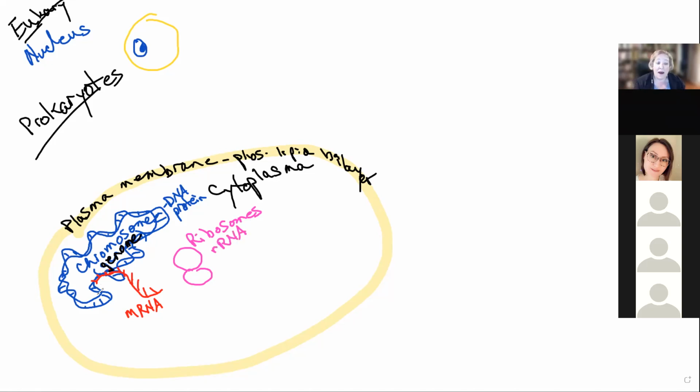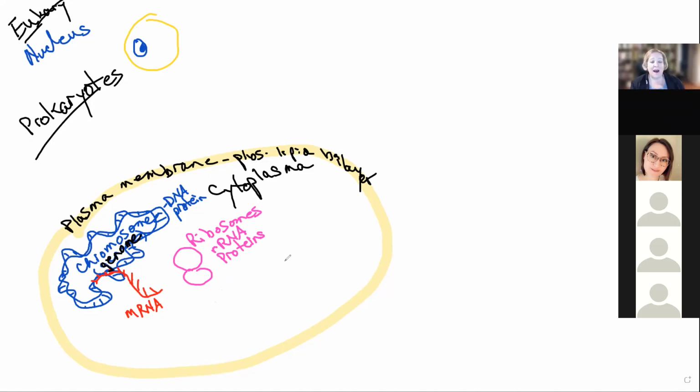So I would transcribe ribosomal RNA off of my genome and put it together with proteins to make a ribosome. Okay, what do ribosomes do? What's their job in the cell? Synthesize protein. Very good. They synthesize proteins. So they clamp onto this mRNA and they read the information in it and make proteins.